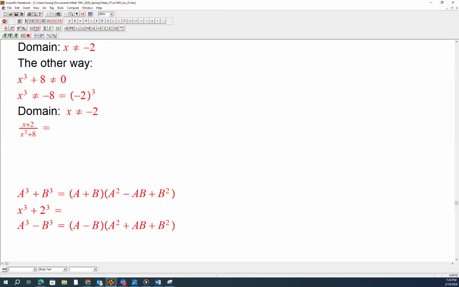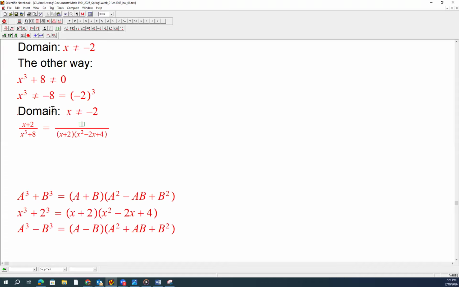So that you get x plus 2 multiplied by x squared minus 2x plus 4. Okay, so that will replace the denominator.